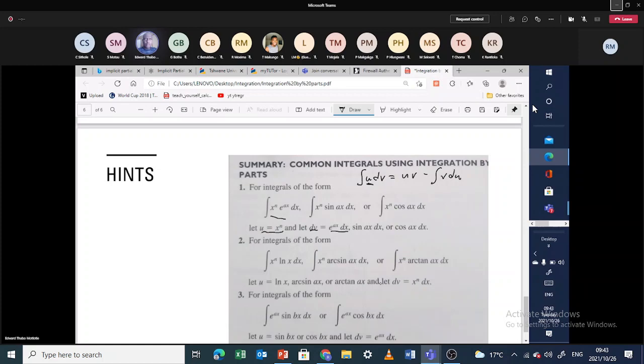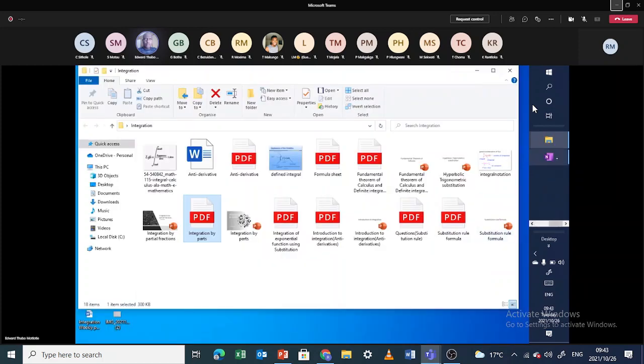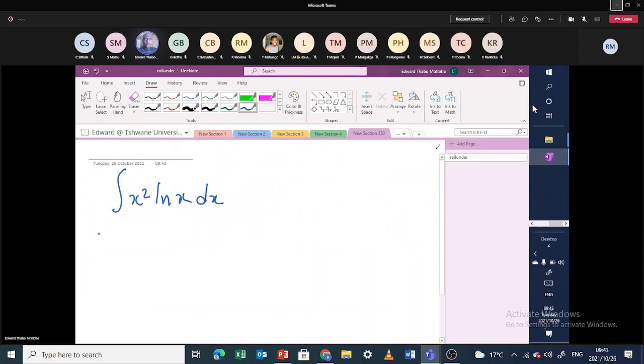So we are going to use this hint. Okay. So our u is equal to ln x. Our dv is equal to x squared dx. Here we integrate both sides and we have v equal to x to the power 3 over 3.